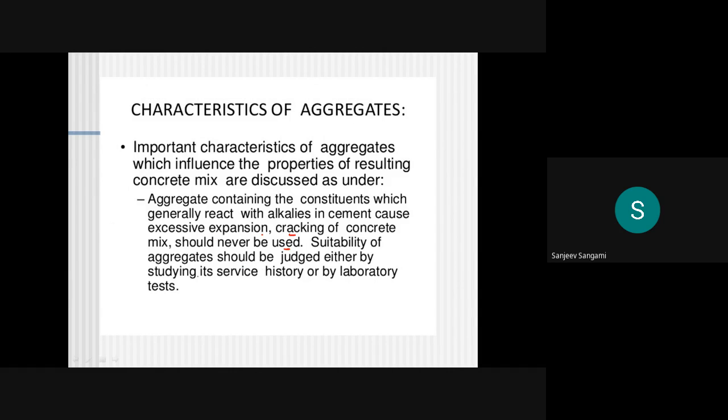The suitability of aggregate should be judged either by studying its service history or by laboratory test. So always a pilot scale test has to be carried out, or you can do it in the laboratory with the help of a proper mix design.